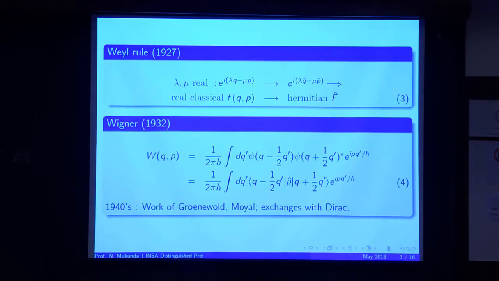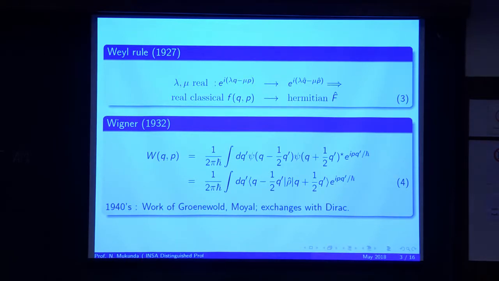The Weyl rule given in 1927 in a couple of lines in his book is a convention or a proposal, and it says the passage from classical functions on two-dimensional phase space to operators on the Hilbert space is to be based on this mapping.